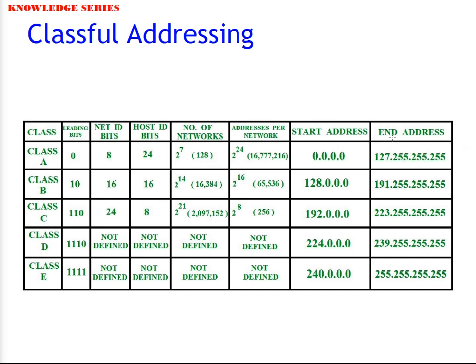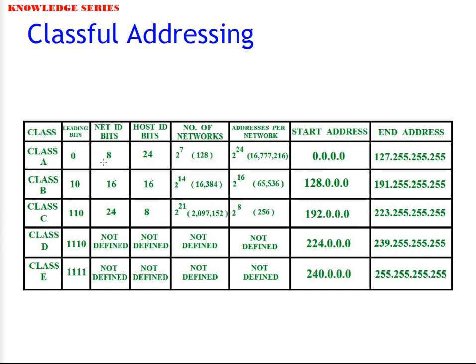This is very important for you to understand, so that if any doubt is there, it will be cleared. Now if you see class A, the starting bit is what? 0. You have agreed, because class A starting bit is 0. B is 10, C is 110, D is 1110, and class E is 1111. So this is clear to you.